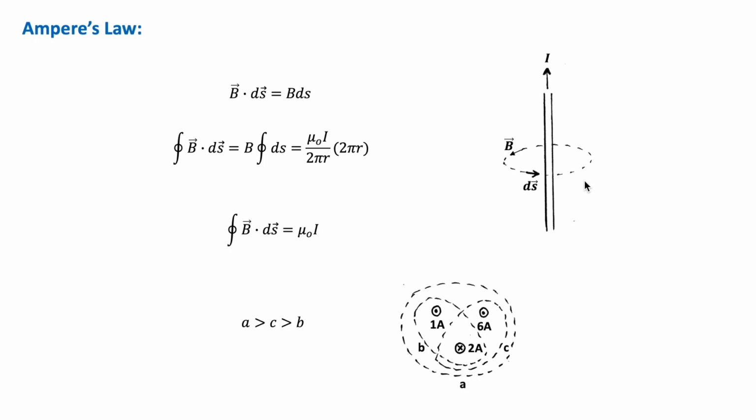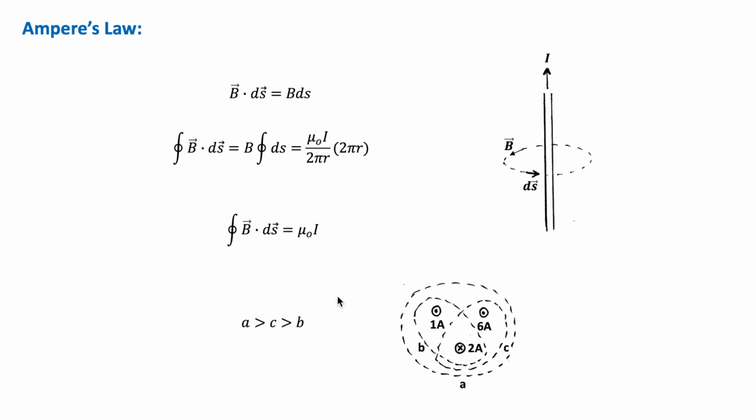So as an example of Ampere's law, let's consider three paths here, A, B, and C. And we want to rank the magnitude of the integral of B dot ds for the three paths from greatest to least. So the direction of the current here is out of the page, and here is into the page, and this is out of the page.